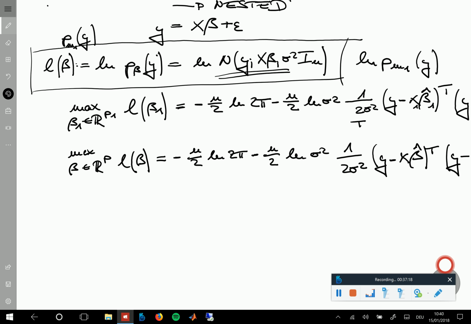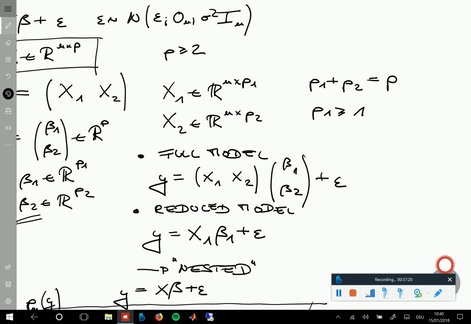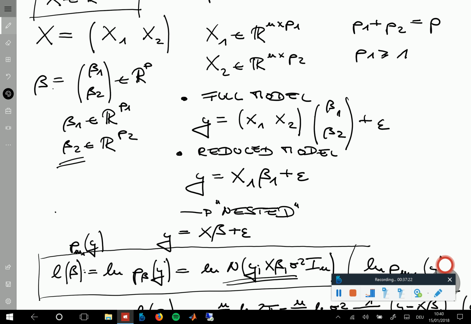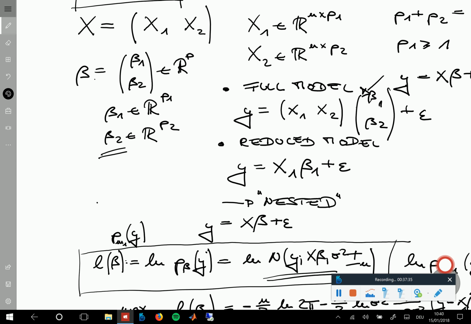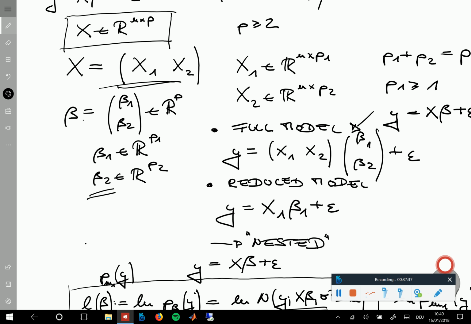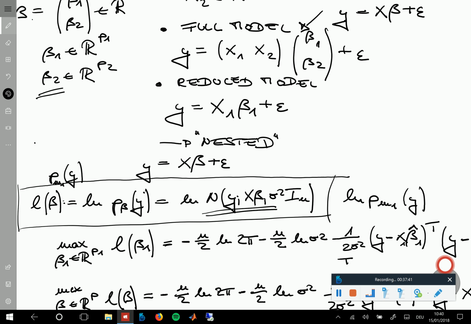So what again are these things? We have a full model, which is this one, which we can of course also write as y equals x beta plus epsilon, because our x is this. And we have a reduced model, which is this.